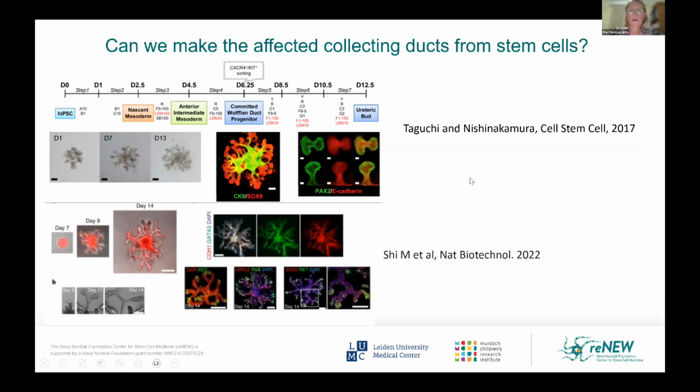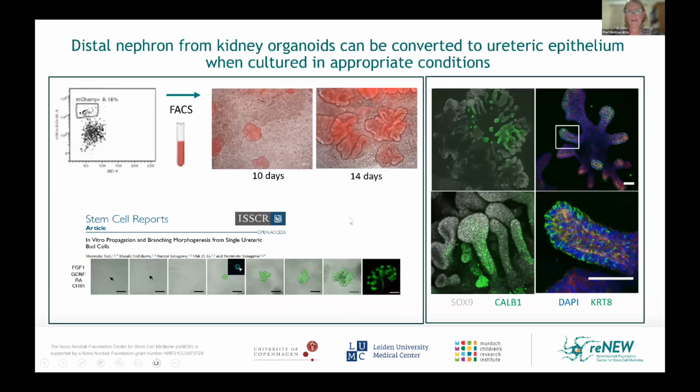There's quite a lot of laboratories now that are developing models to make the collecting duct part of the kidney. We actually found that when we take our organoids, we can take out the distal tubules of the nephrons and then change their media conditions and make these little trees that are collecting ducts in the dish.